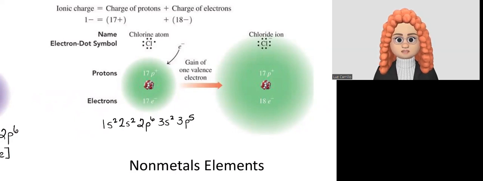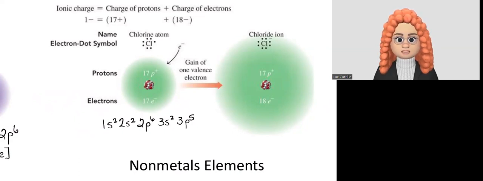When chlorine accepts that valence electron, we observe that now instead of having 7 dots in its outermost shell, or valence electrons, it is going to have 8. Now that chlorine accepted that electron, its name changes into the chloride ion. The correct way to write the name for nonmetals when they have accepted electrons is that it ends in ide. That's why it goes from chlorine to chloride.